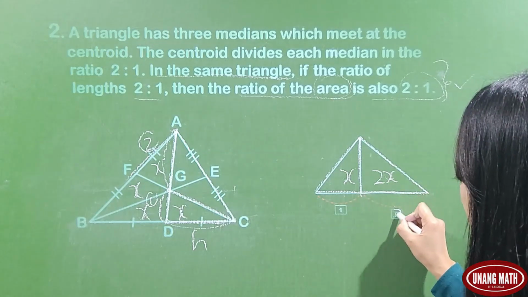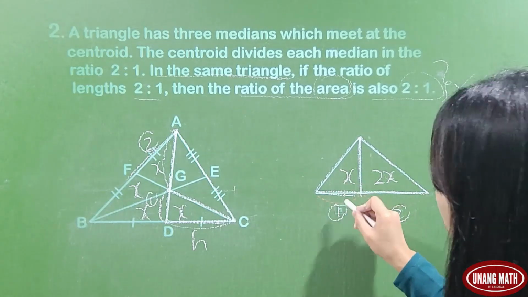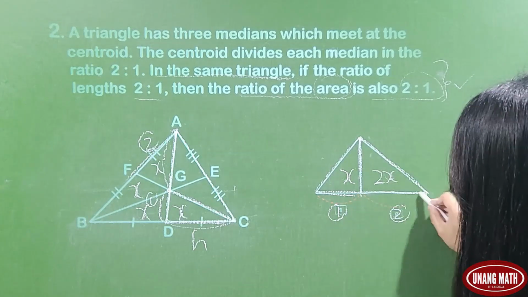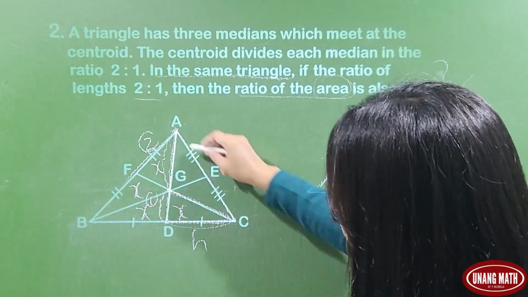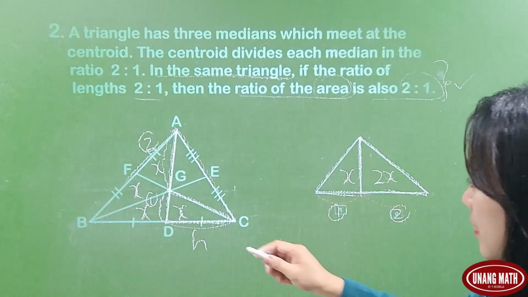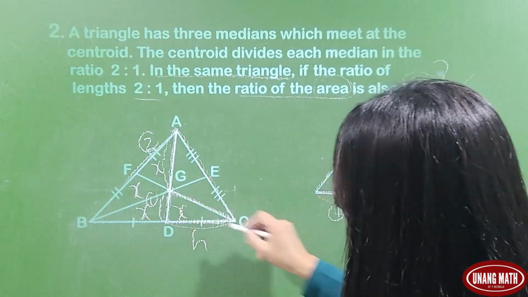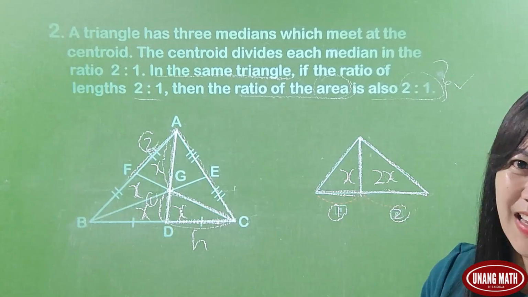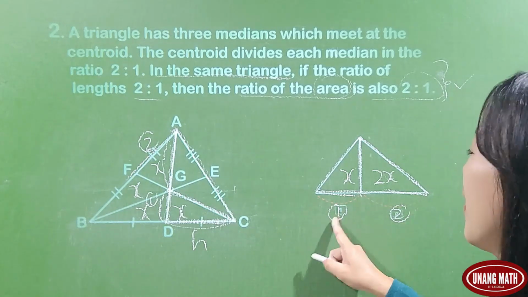So this is in the ratio 2:1, which means triangle AGC is 2 times triangle CDG, because it's in the ratio 2:1.